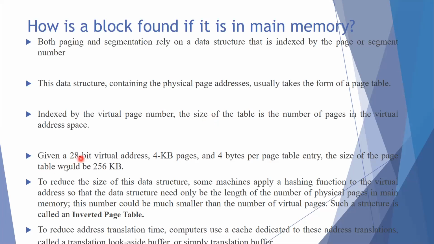For example, given a 28-bit virtual address, 4 kilobyte pages, and 4 bytes per page table entry, the page table size would be 256 kilobytes. How did this come?